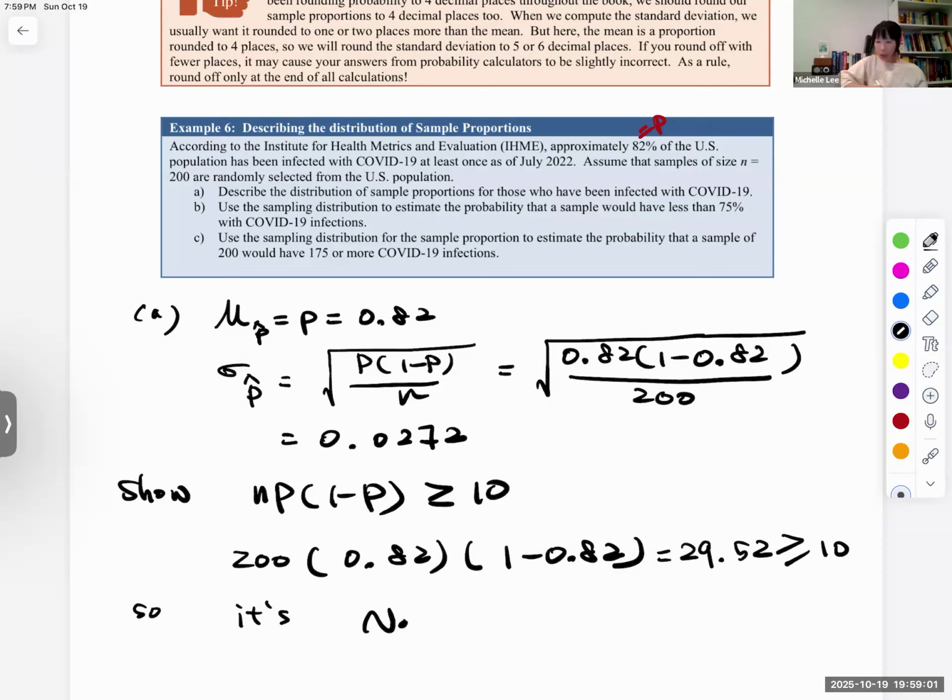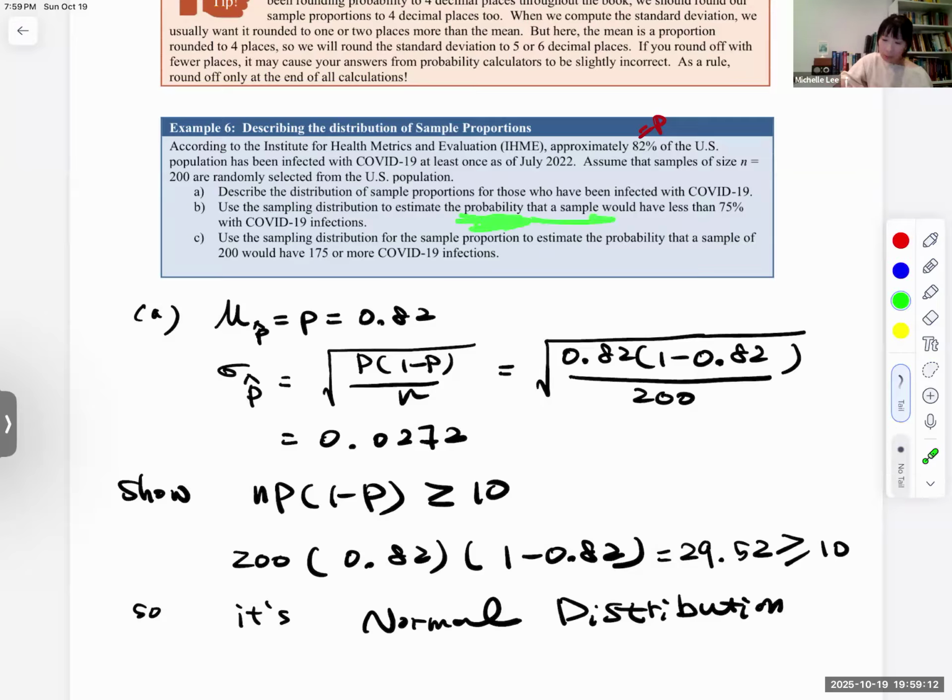All right, now the second part. We want to estimate the probability of less than 75%. We are going to use StatCrunch.